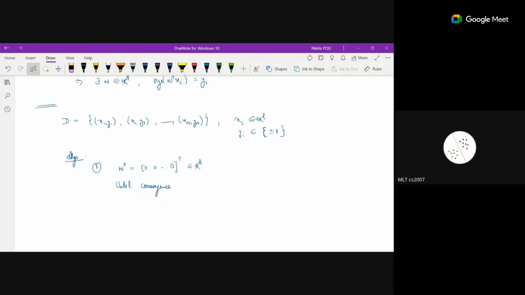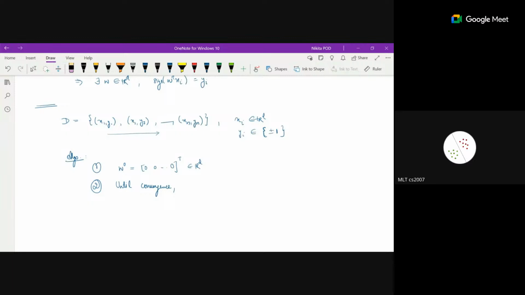So until convergence, let's say we have n data points.